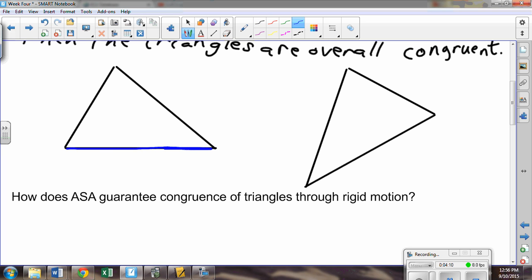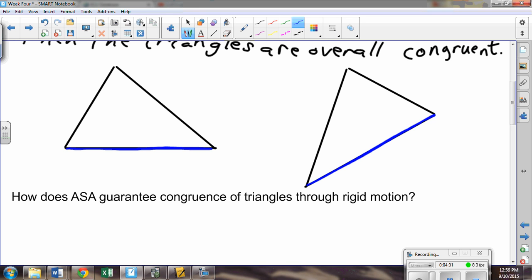This side is on the bottom. In the other triangle, which side corresponds to it? I'm looking at it, that one.